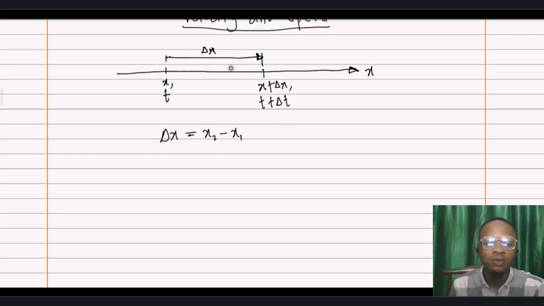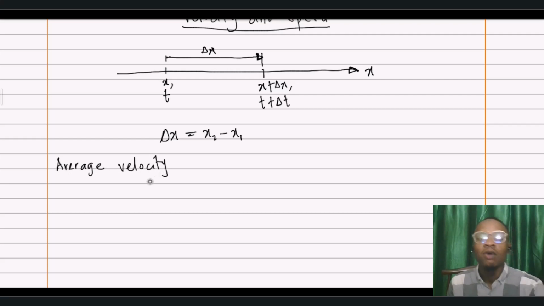So let us start with velocity. In defining these terms, we will sometimes qualify them. So we can have average velocity, for instance. Pay attention to this. When velocity or speed is qualified, then we have to follow the implication of the qualifying term.